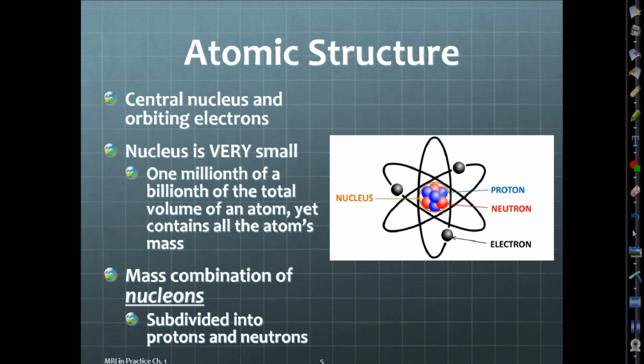That's why it has no charge, because those charges cancel out. What's the charge of the proton? Positive. Good. That gives the nucleus an overall positive charge, because we have a positive proton and a no-charge neutron in the nucleus. And then the electron orbits our nucleus in shells. What's the charge of the electron? Negative. Good.